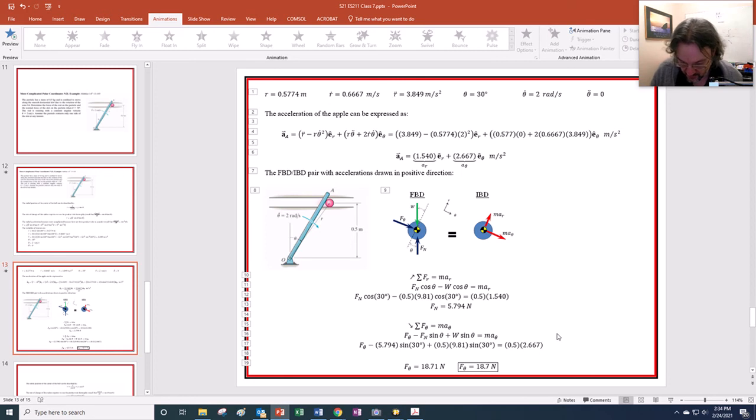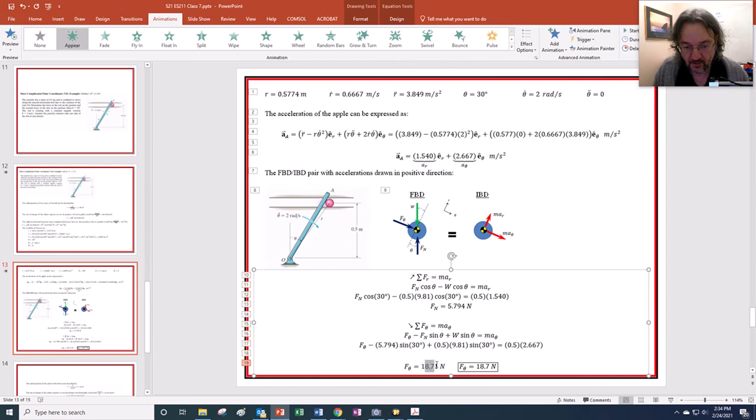Then we're going to take 0.5 and 9.81, multiply it by sine of 30, boom. But now we're going to subtract. Yeah, they got it right and I got it wrong, and I don't know why I didn't capture that before.